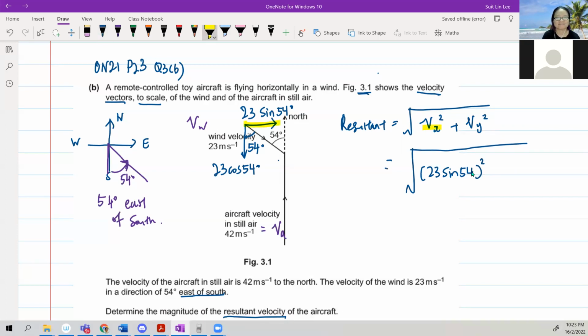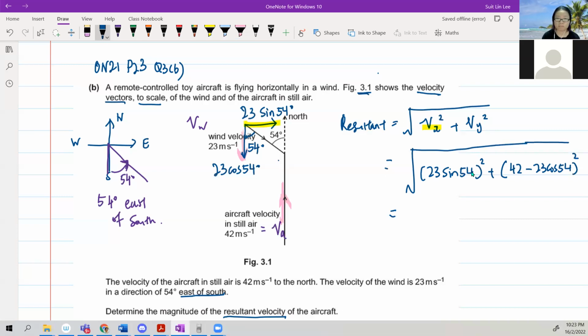But vertical component, I got this 42 pointing up, but I also have this 23 cos 54 pointing down. So I should minus them, so plus 42 minus 23 cos 54 squared.